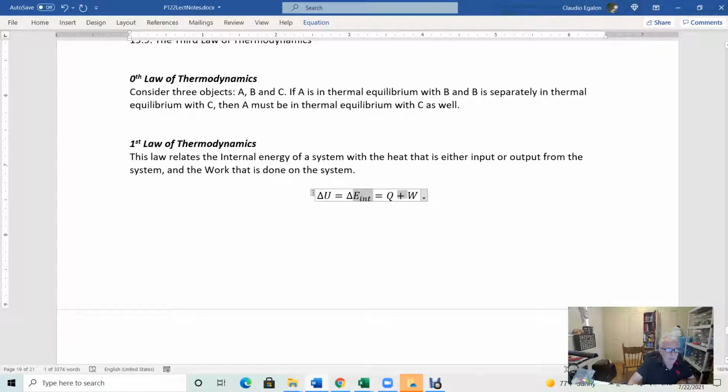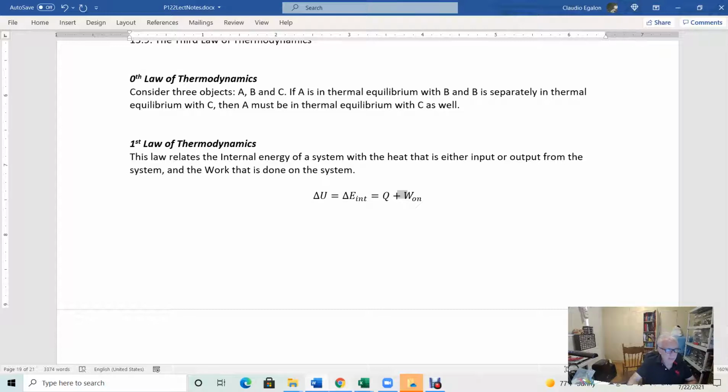I'm going to be very specific about what this W is all about. Q plus W. The W that we're talking about is the work on the system.